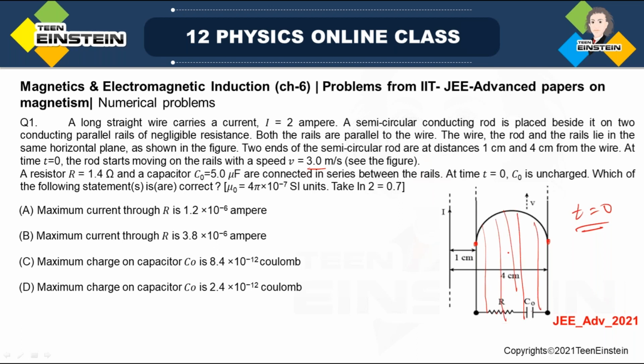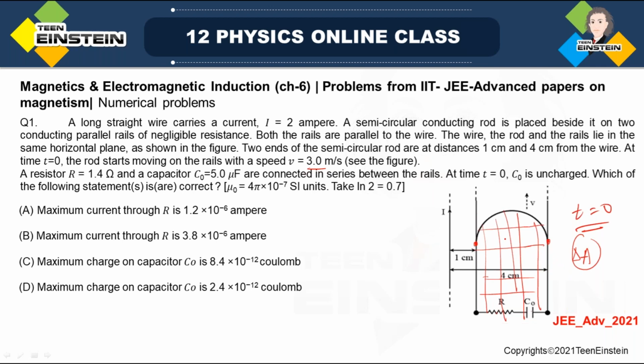Now if the loop area changes, the magnetic field will be fixed, produced by this wire in this region. Now if this rod is moving, then there will be a change in the area. Because of that, there will be EMF induced.